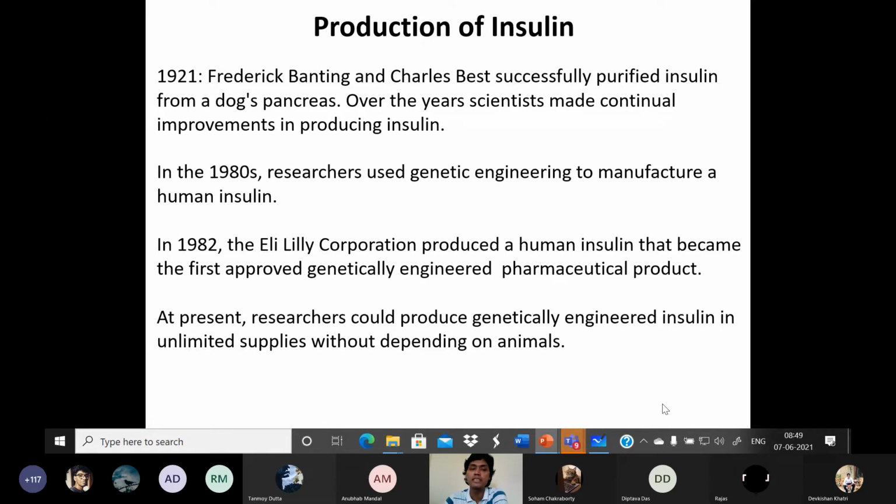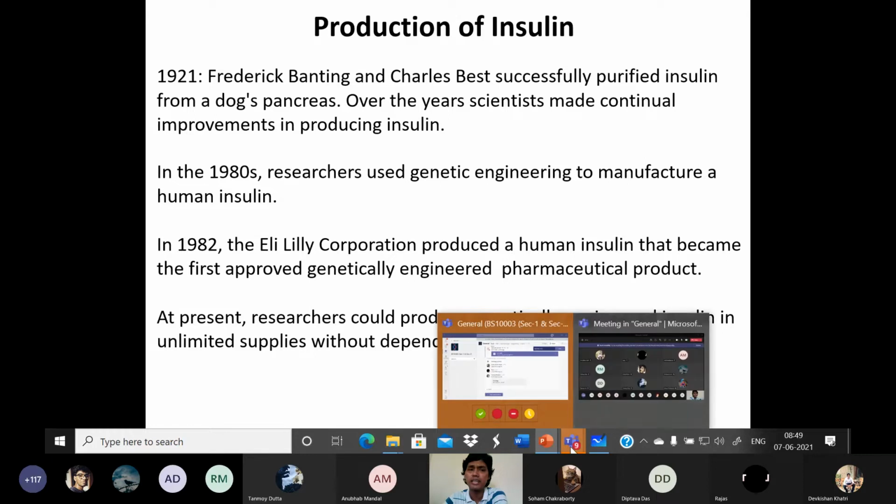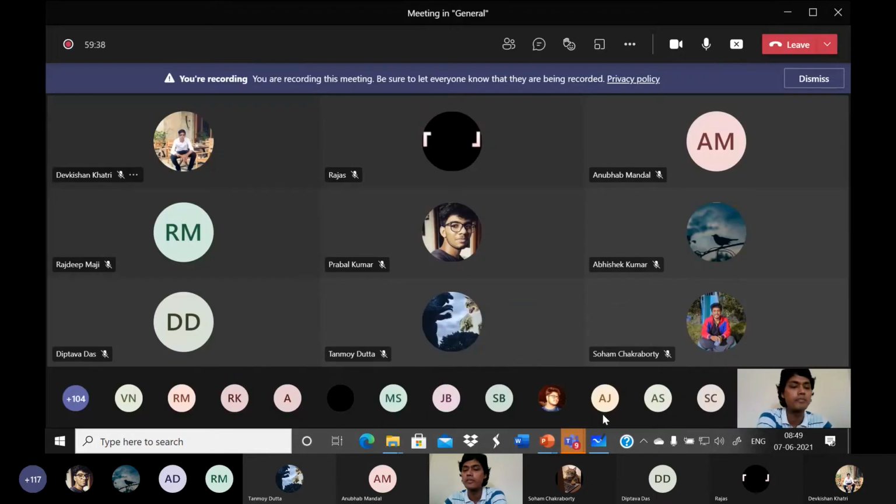But the problem is, if you are taking insulin from outside, from dog's pancreas, horse pancreas, pig's pancreas, and injecting it into the human body, you are actually injecting some foreign protein, and that sometimes causes an immunogenic reaction in those persons, and that is not a good way of handling this scenario. Also, how much insulin you will get from a dog or a horse is challenging.